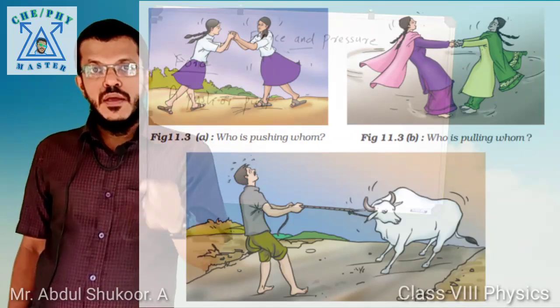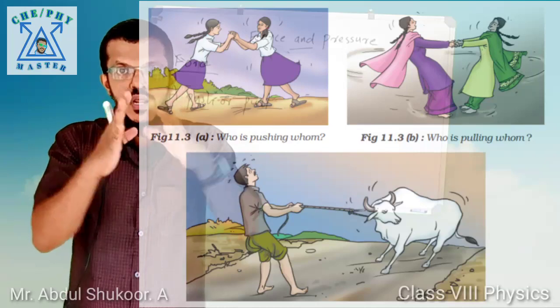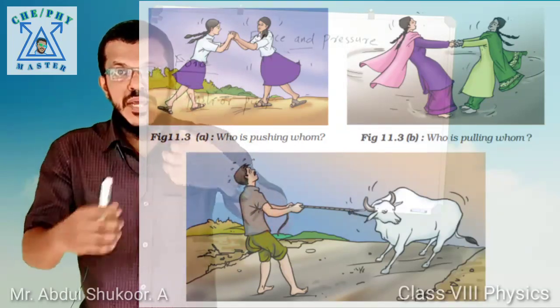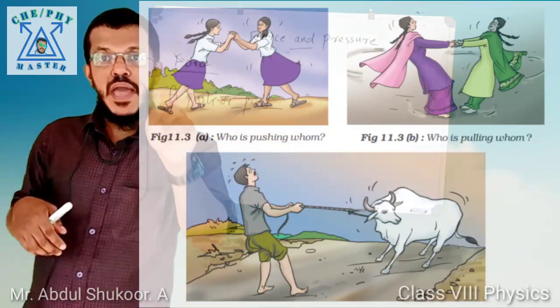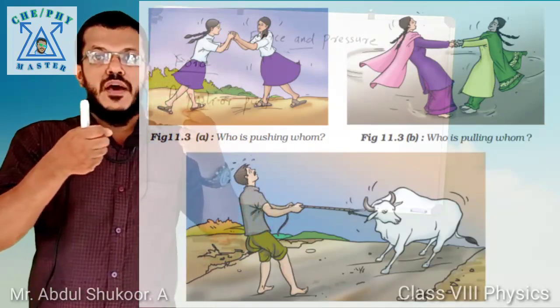In figure 1, both the girls appear to push each other, while the pair of girls in figure 2 are trying to pull each other. Similarly, the cow and the man in figure 3 appear to pull each other.